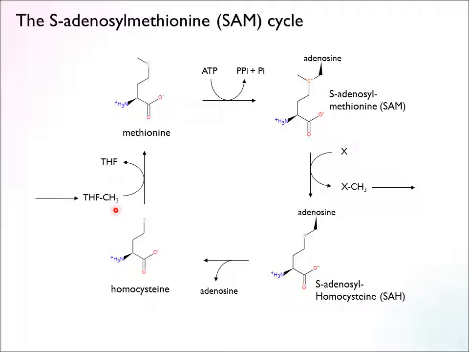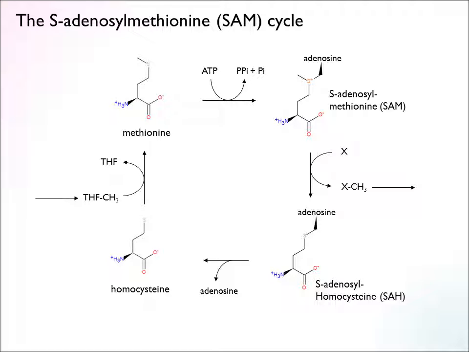So folate comes in, the carbon comes in bound to tetrahydrofolate as tetrahydrofolate methyl group. And this is donated to homocysteine, this amino acid, to form methionine. So this is also a means for methionine synthesis in some cells if homocysteine is available.